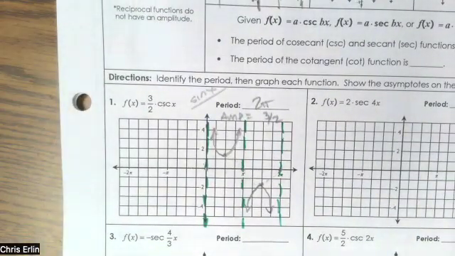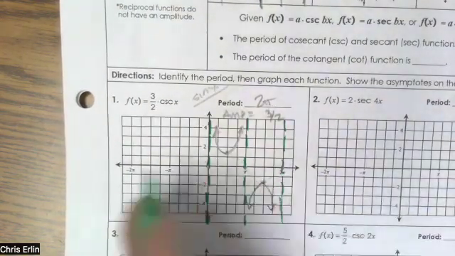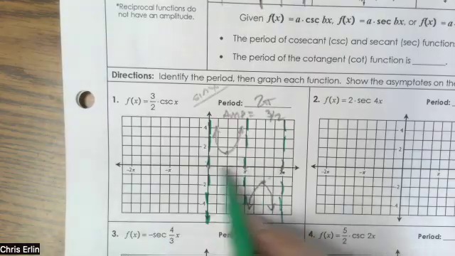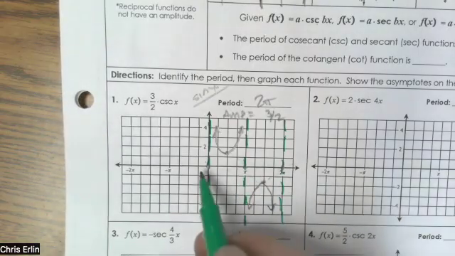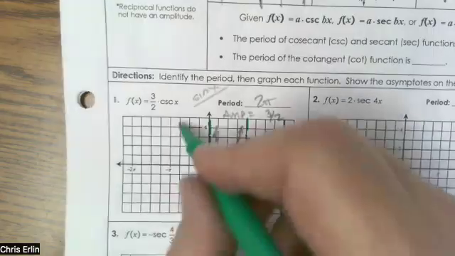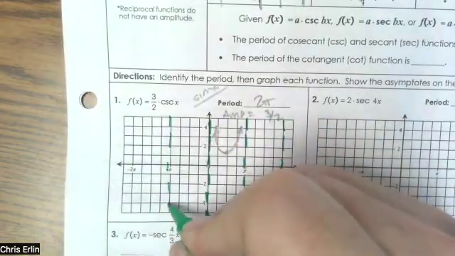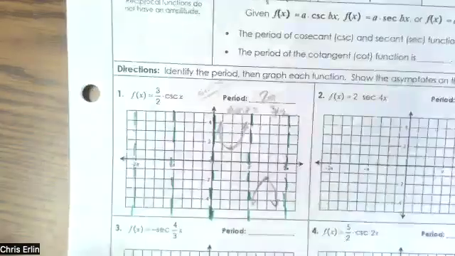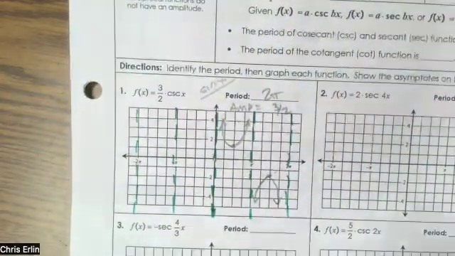And what if I were to say, give me 2 full periods? This is the equivalent of 1 period. How can I move to the left and extrapolate to see another period? 1, 2, 3, 4. Looks like it's 4 spaces between each of the asymptotes. So 1, 2, 3, 4. There should be an asymptote there. 1, 2, 3, 4. There should be an asymptote there. And the sine is cyclical.